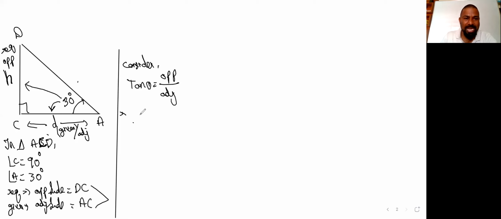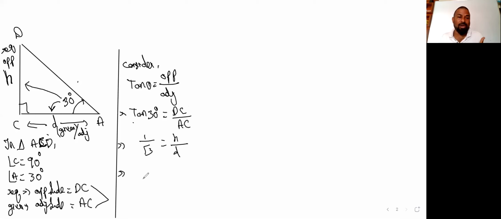Now, what is the angle given, Jayshree? 30 degrees. What is the opposite side? Is it DC? Adjacent AC. Now, let us plug in the values. Tan 30 is nothing but 1 by root 3. DC is nothing but H. AC is nothing but D. But what we need is the value of H. Do you know the value of D?